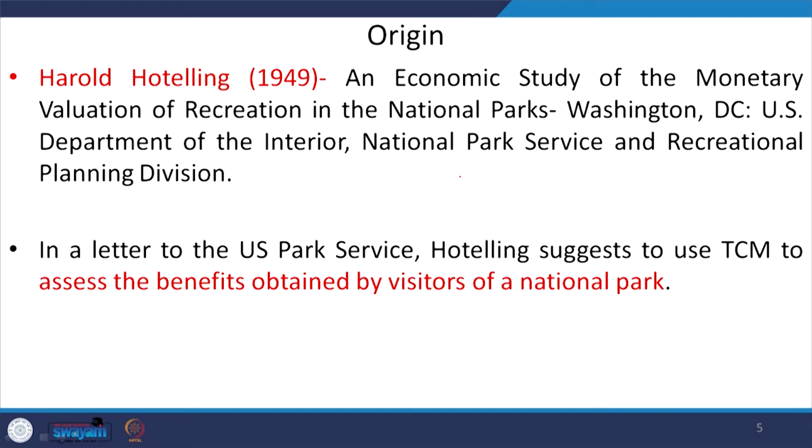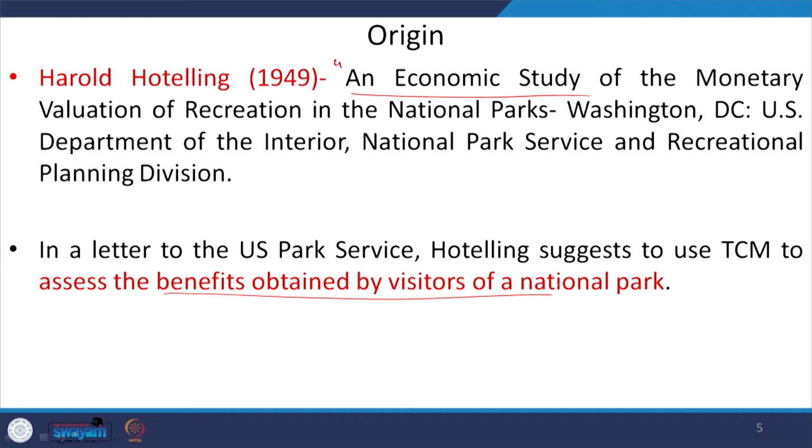The report was titled the economic study of the monetary valuation of recreation in the national parks, and from there the travel cost method originated. It talked about the benefits that visitors obtain from using the recreational attributes of a national park.